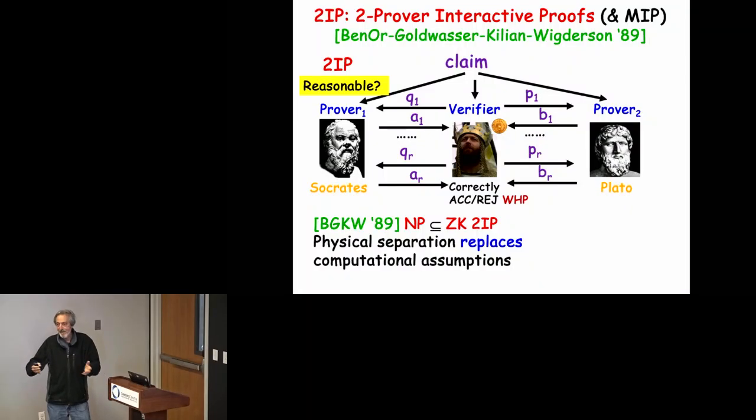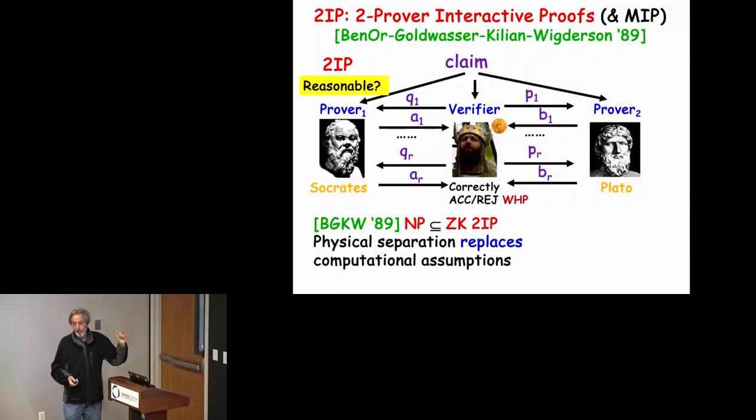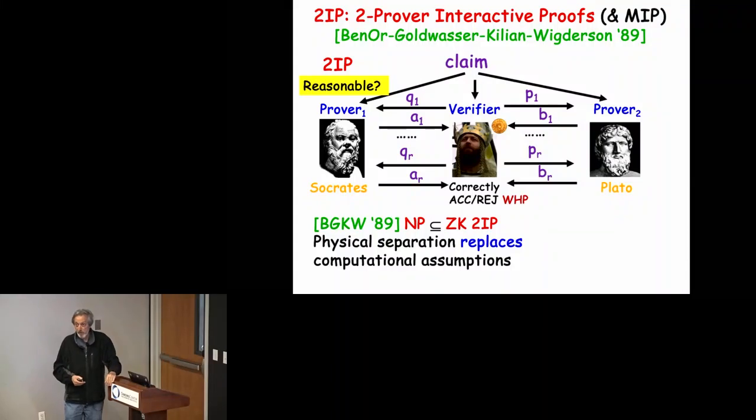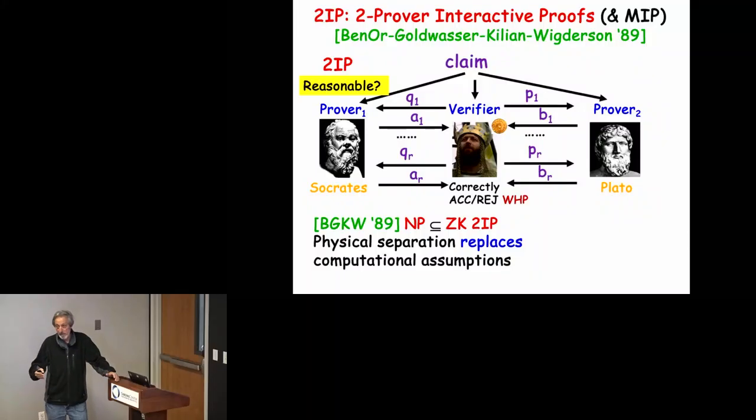But ZK2IP is not contained in ZK-IP, for instance. We don't know that. We are struggling, as you see, to understand the computational power of these proof systems, like we don't know whether NP equals P. We ask the same questions about these proof systems. They are growing and growing in power, but we understand some. I'm getting to that.